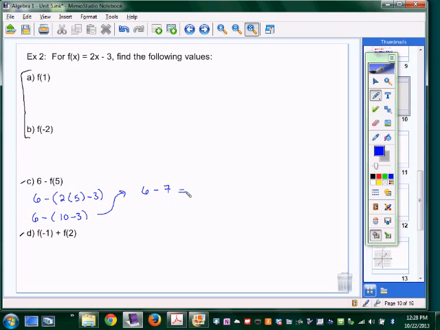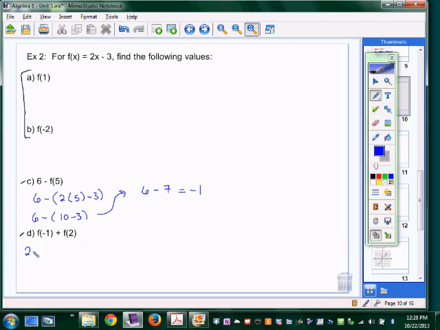It's not really y exactly. It's saying if I have this function, I put 5 in there and I subtract it from 6, what's that equal?